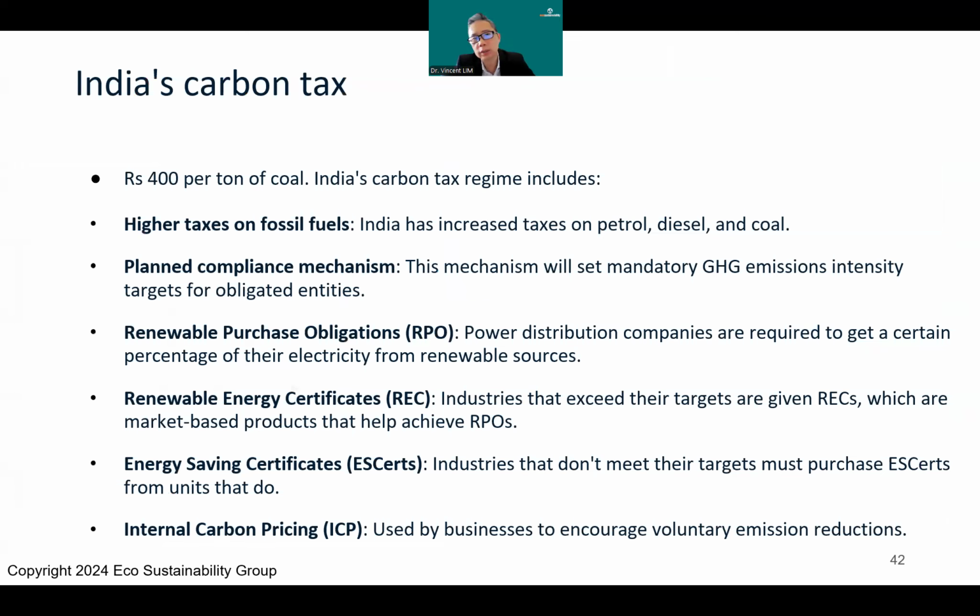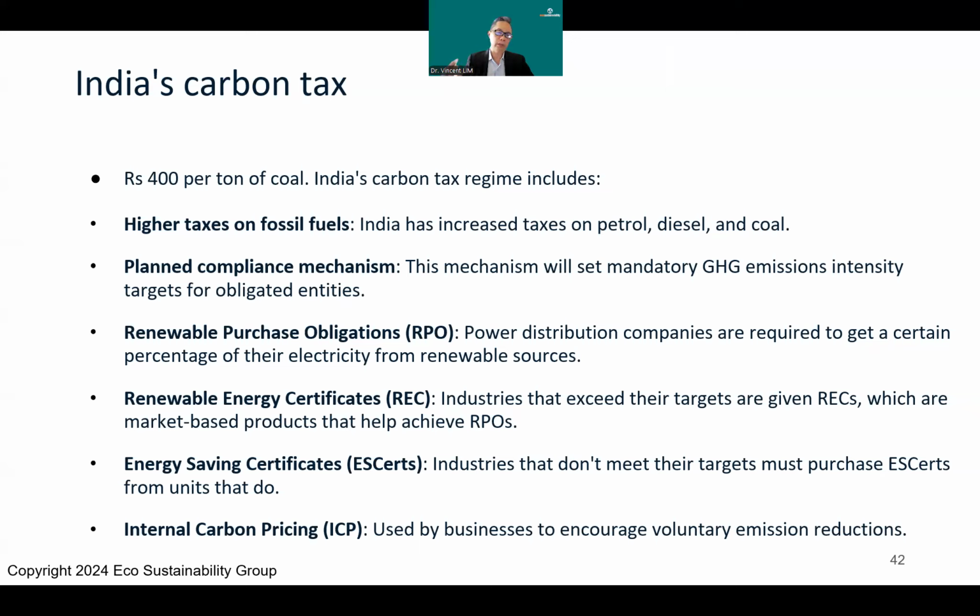Okay, now carbon tax. I would like to very quickly talk about why many countries will implement sustainability reporting. India carbon tax: India has already started a 400 rupee per ton of coal. It's so small, it's almost negligible. But there are higher taxes on fossil fuels like petrol and diesel. There are planned compliance mechanisms that are coming up. There are different renewable purchase obligations.